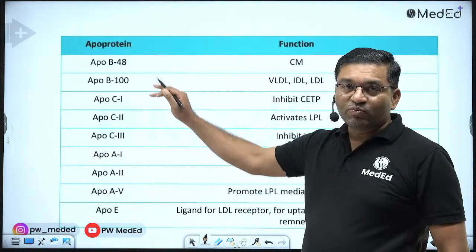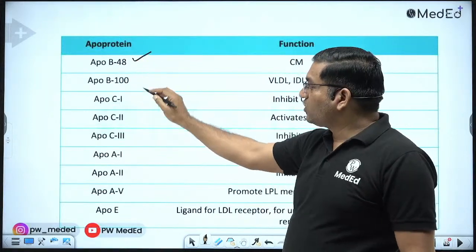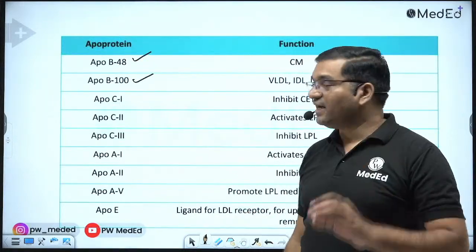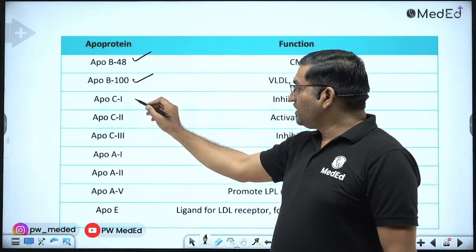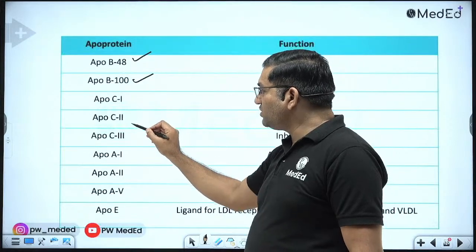These are the major apoproteins. B48 is present in the chylomicron. B100 is present in VLDL, IDL, LDL. Then Apo C1, C2, C3.